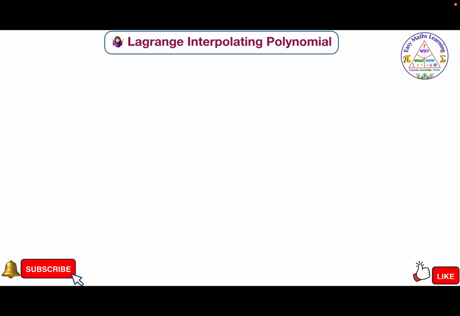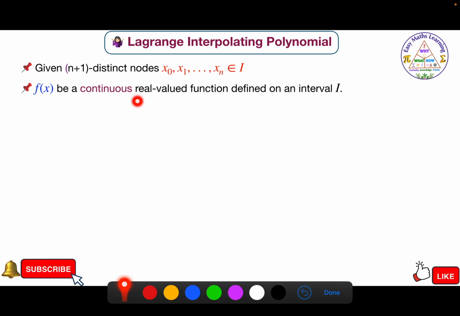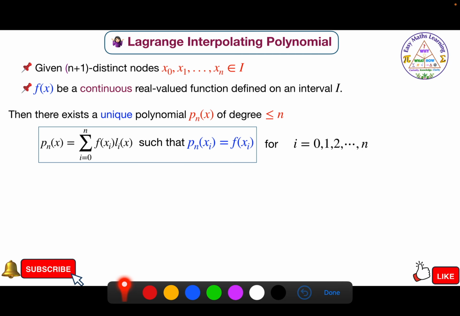Now let us formally state the Lagrange interpolating polynomial. We are given n plus 1 distinct nodes x0 to xn belonging to some interval I, and a function f(x) which is continuous real valued and also defined on that interval I. Under these assumptions, there exists a unique polynomial Pn(x) of degree less than or equal to n, which is Pn(x) equal to summation i equal to 0 to n f(xi) into Li(x), such that Pn(xi) equals f(xi).